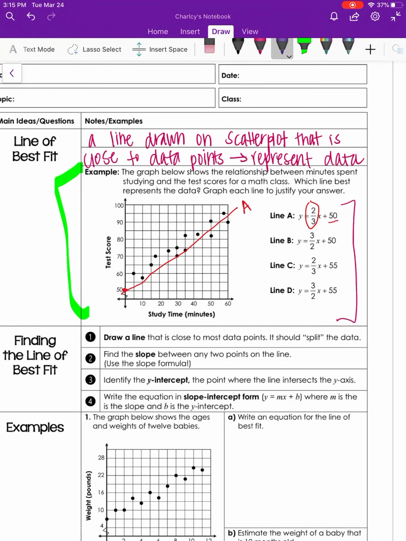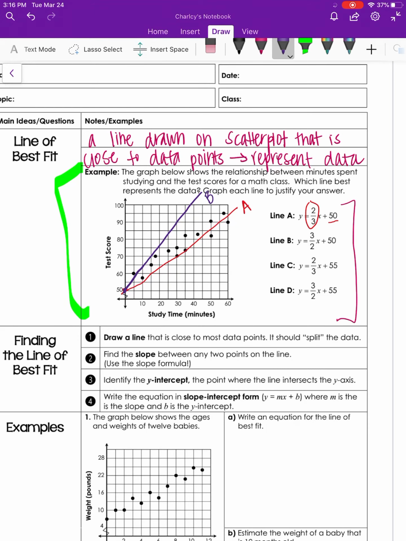All right, now let's move to line B. Again, my y-intercept is at 50, but this time it's up 3 and over 2, so it's going to be a little steeper of a line. I'm just going to draw one that would generally represent that. Again, it's not perfect.